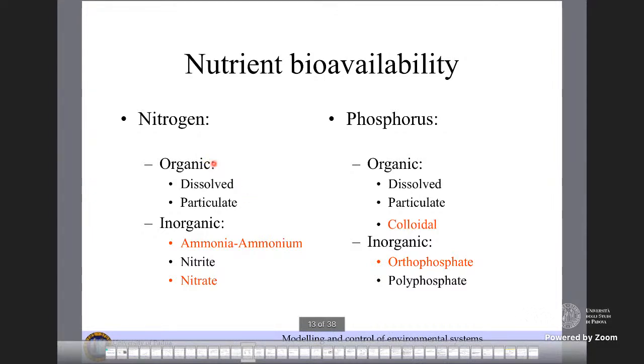The organic may be dissolved or particulate. So this is dissolved organic matter, DOM, or this is particulate organic matter, or the inorganic form may be ammonium, nitrite, or nitrate. These are the main bioavailable forms of nitrogen.